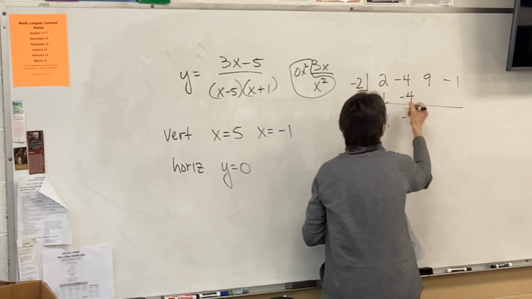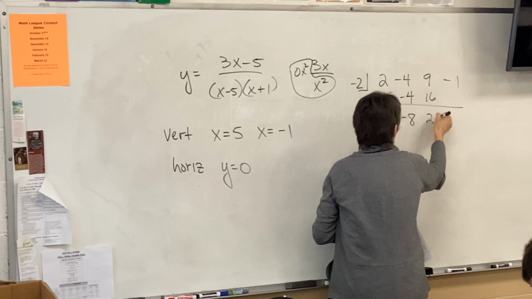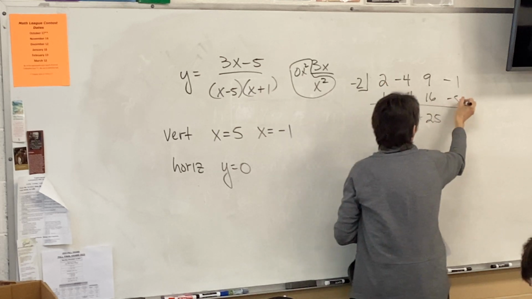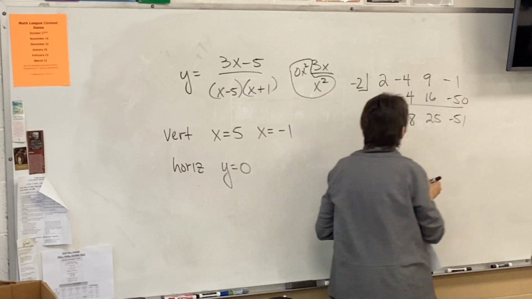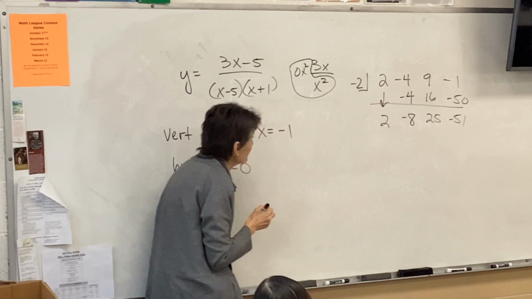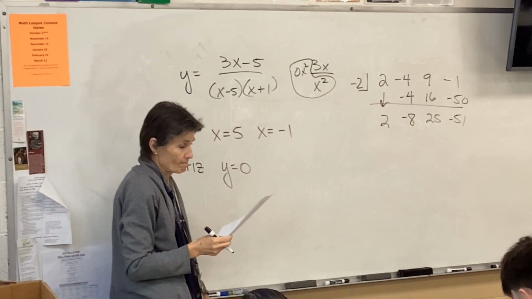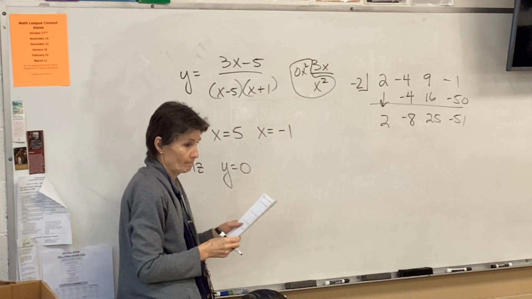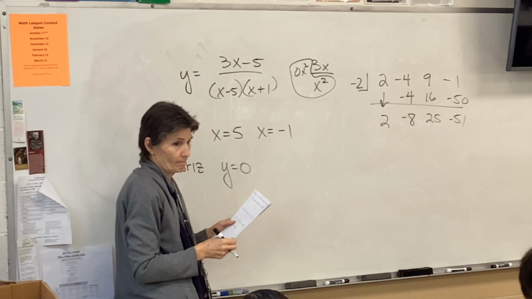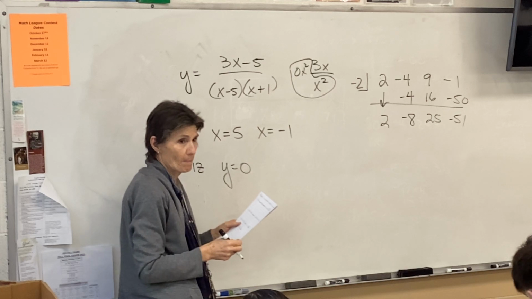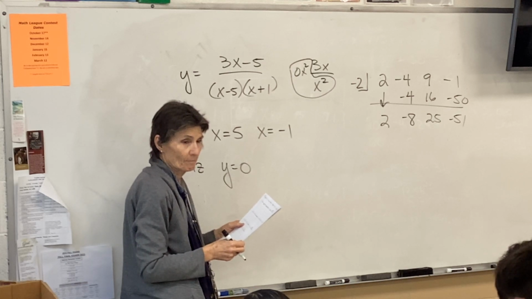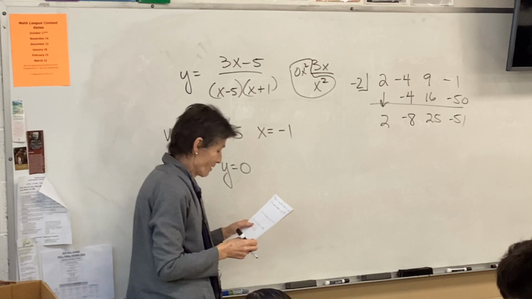Those don't cancel. -8, 16, 25, -50. I got -51. Did I do my arithmetic correctly? Right?